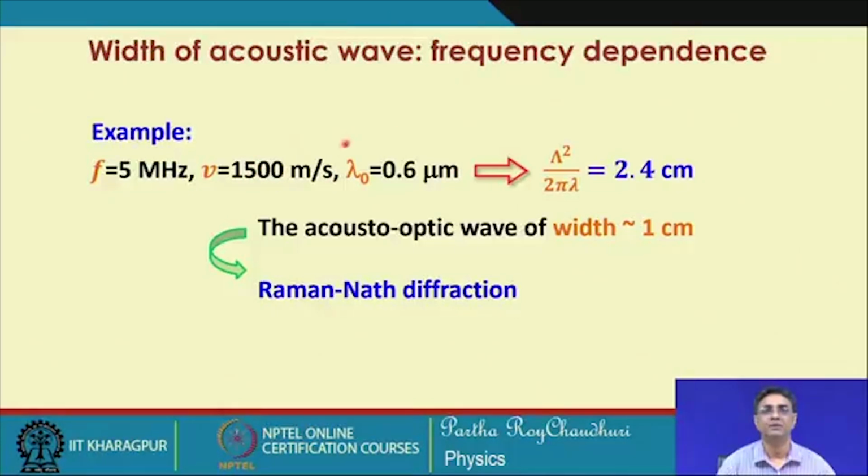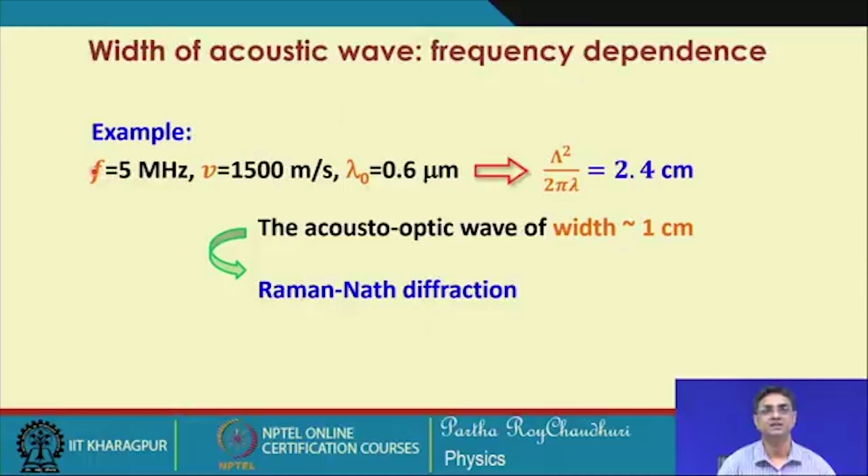And if you use a light wave of wavelength 0.6 micrometer, which is close to the wavelength of the helium neon laser light, which is 0.6328 micrometer. So, for a wavelength close to 0.6, we have taken a round figure number. Using this, one can show that this lambda square by twice pi lambda is close to 2.4 centimeter. It is not exactly equal, but it will be close to 2.4 centimeter. So, that defines the width of the acoustic wave, that is the L.